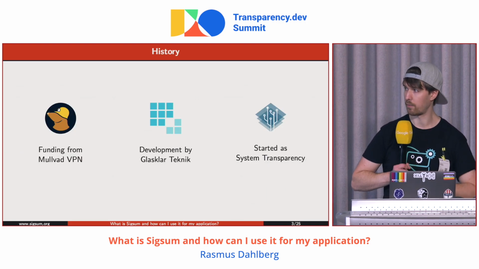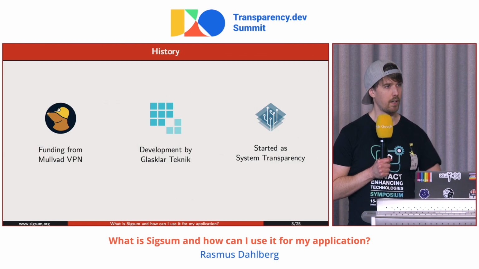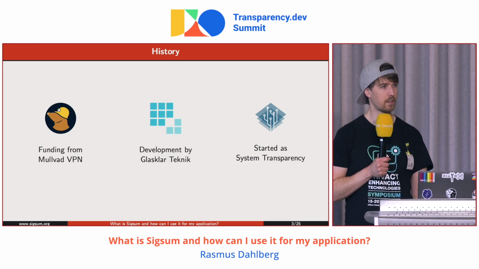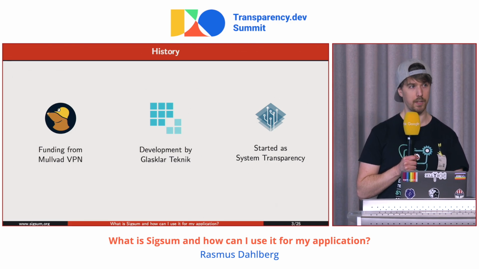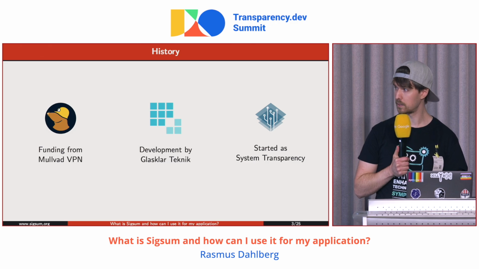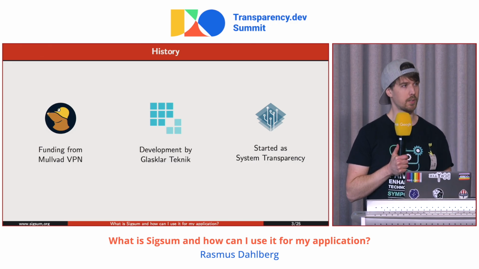The project is funded by Mullvad VPN, and most of the development is led and done by Karlstad Technique, which is a sibling company that started around 2 years ago. Going even further back in history, Sigsum was part of the System Transparency project.